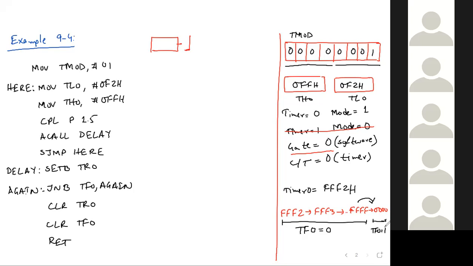This is the function of your timer overflow flag from the TCON register. It checks whether the timer operation is complete or not. So whenever you roll over from FFFF to 0, your TF0 becomes 1.